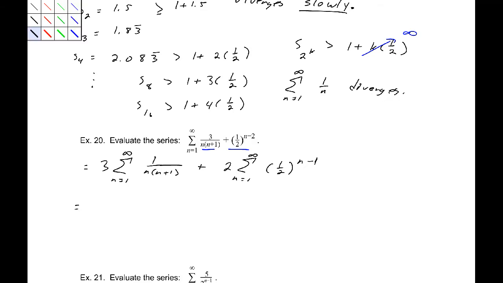We've already shown that this first sequence of partial sums converges to 1. So that is 3 times 1 plus 2 times, we've shown that this sequence converges to 2. And since they all converge, we can do this, and that is a total of 7.